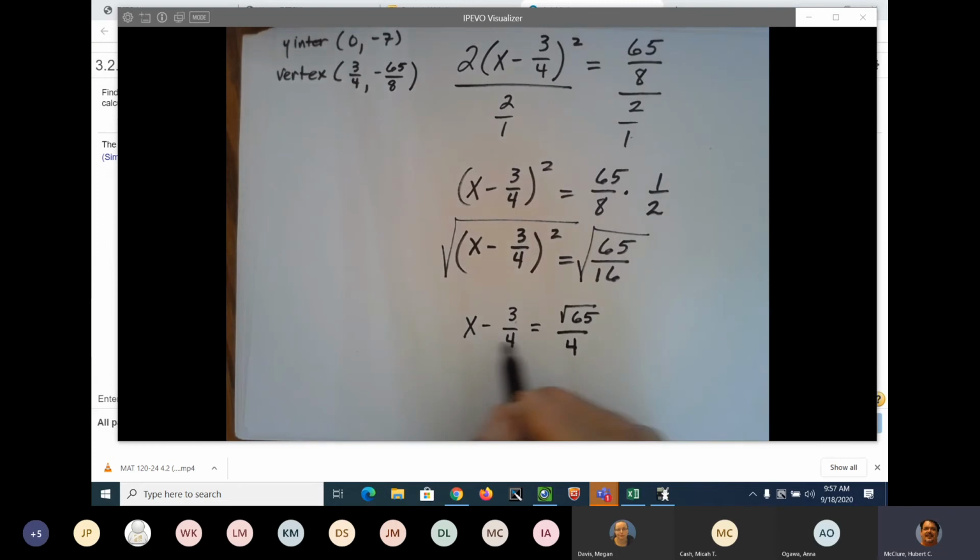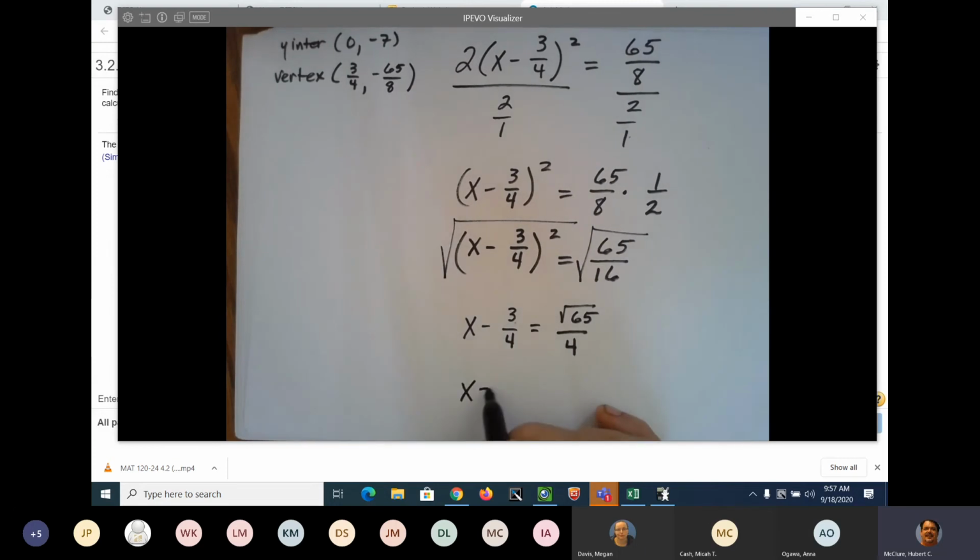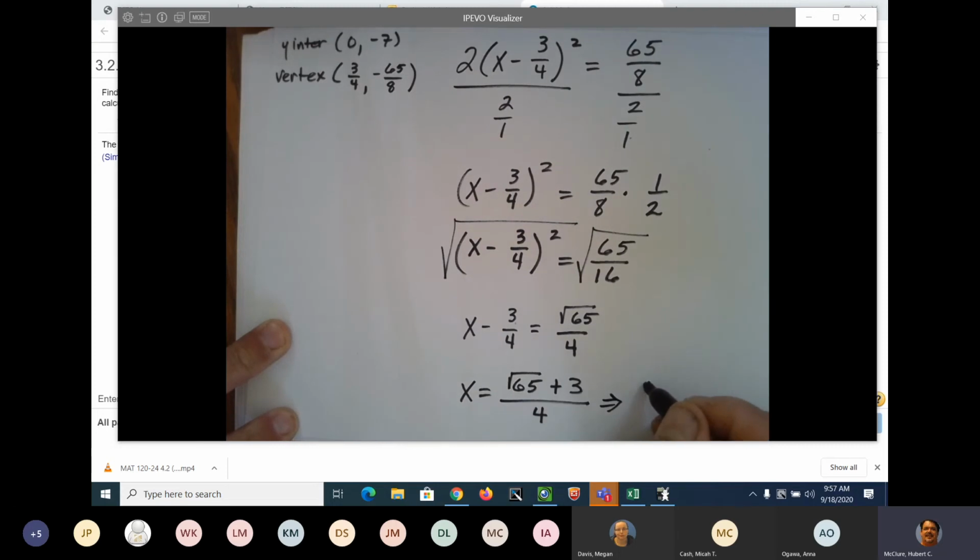And bring that over to x, and here's the exact answer: the square root of 65 plus 3, all over 4. And that can be written as (3 plus square root of 65) over 4, and (3 minus square root of 65) over 4.